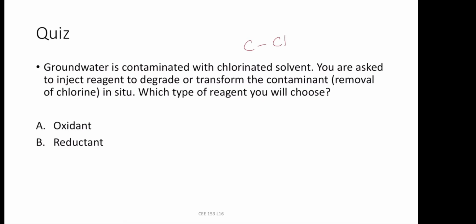Think of removal of chlorine. So this carbon-chlorine bond becomes carbon plus chlorine. Okay. Which type of reagent will we use, oxidant or reductant? So you have to think what happens to this chlorine here. Is this oxidation or reduction when chlorine becomes Cl2?